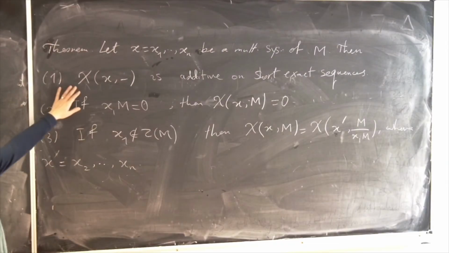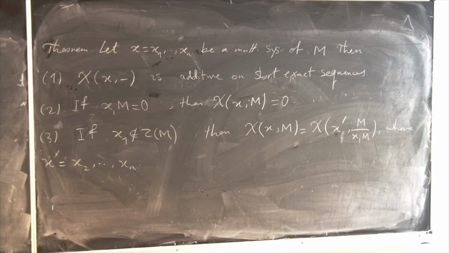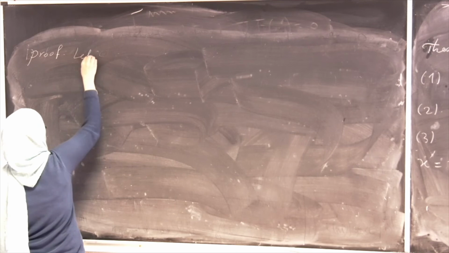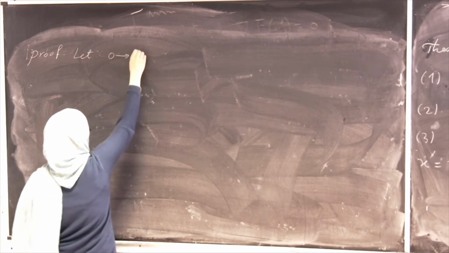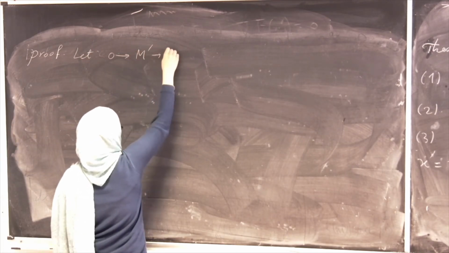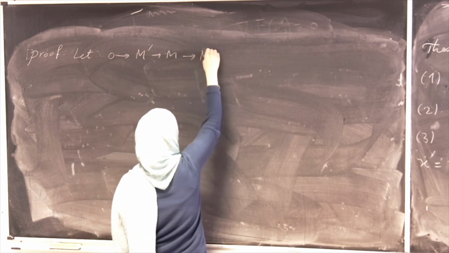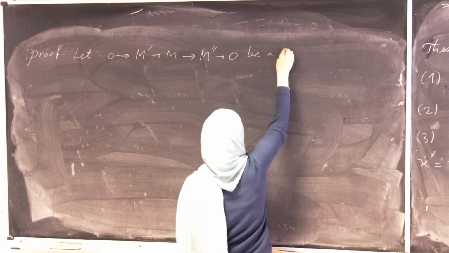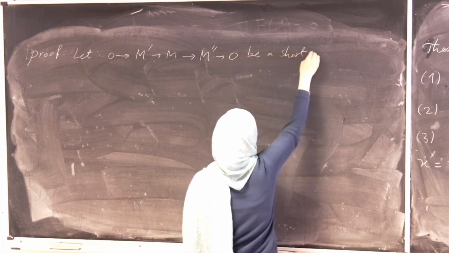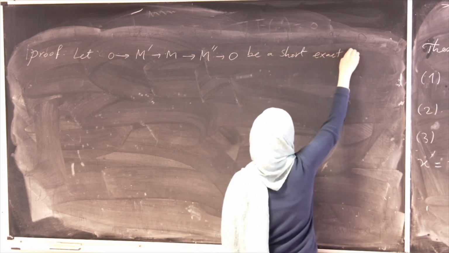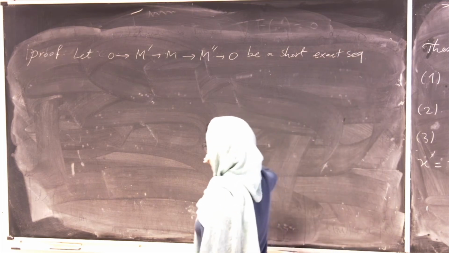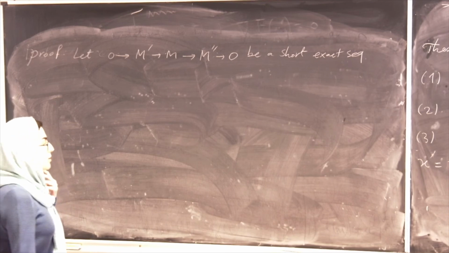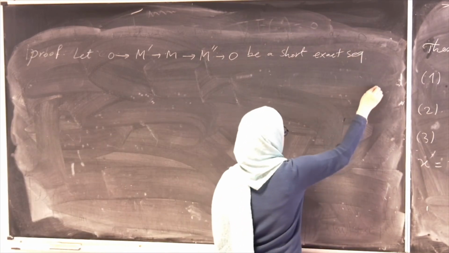For example, for the first one, if we have a short exact sequence of modules, say 0 to M prime to M to M second to 0, if we have such a short exact sequence of our modules, we know that there is a long exact sequence of the homologies like this.